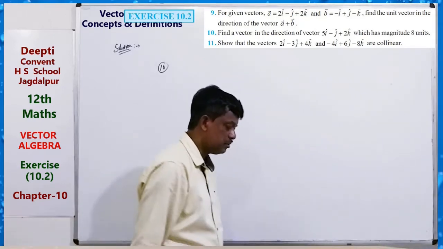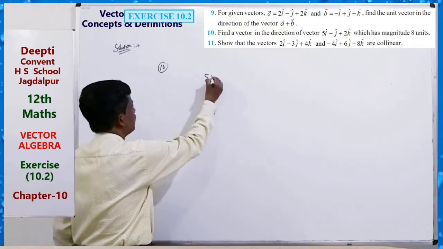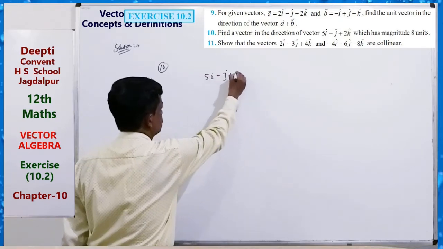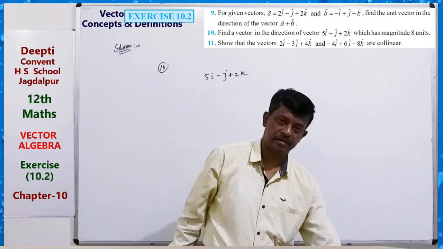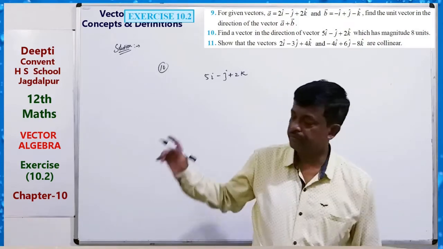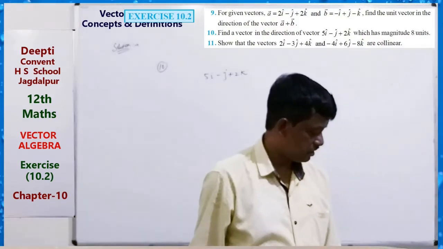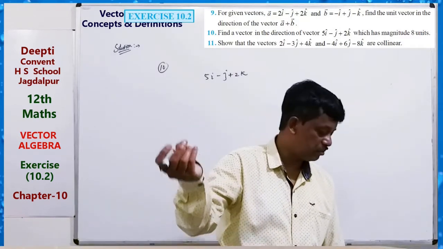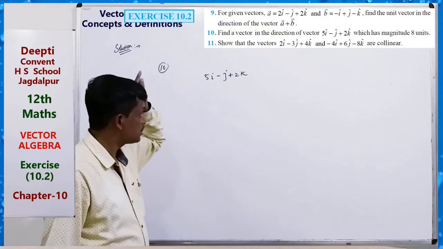So 5i minus j plus 2k is the given vector. In this direction, we have to find a vector with magnitude 8, in the direction of this vector.